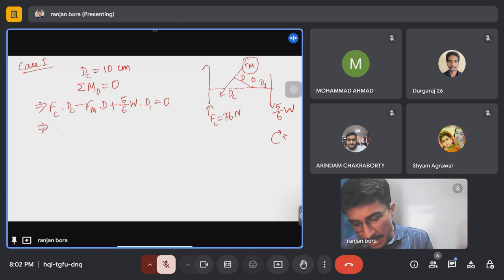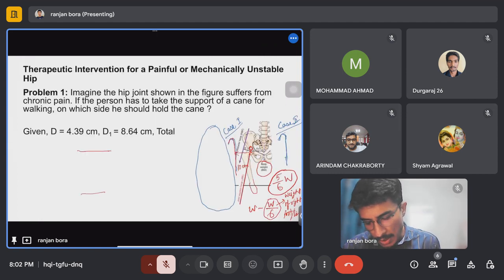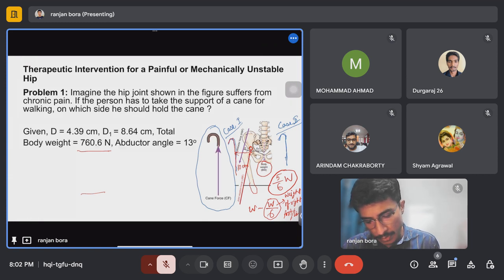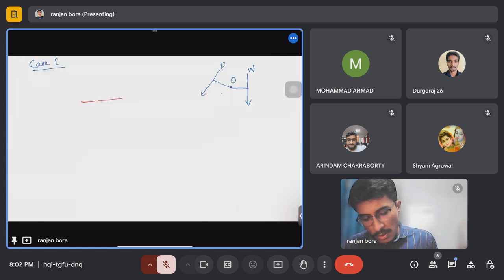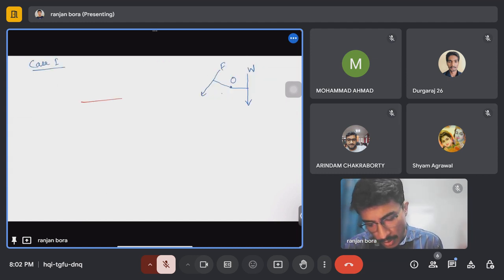We know Fc is 76, dc is 10, minus Fm, what was d? d is 4.39. d1 is 8.64. W is 760.6.